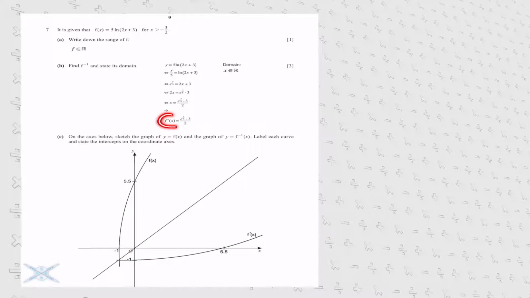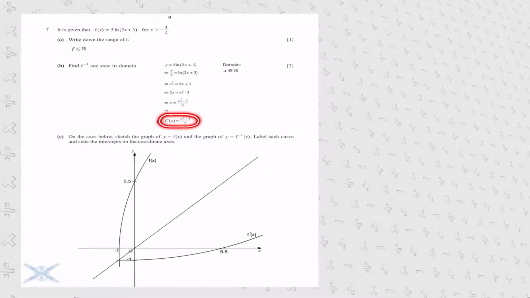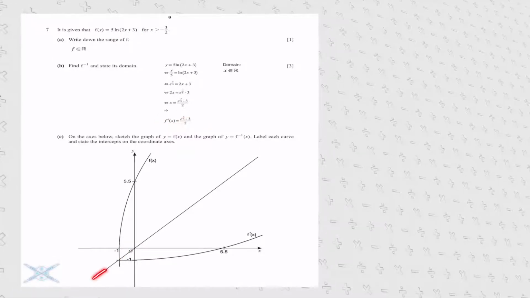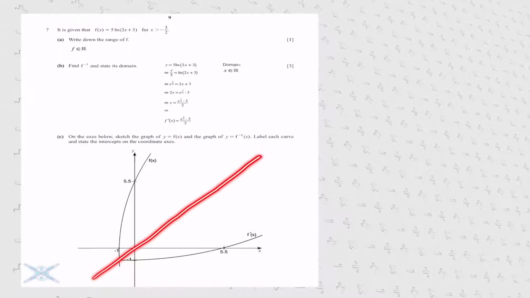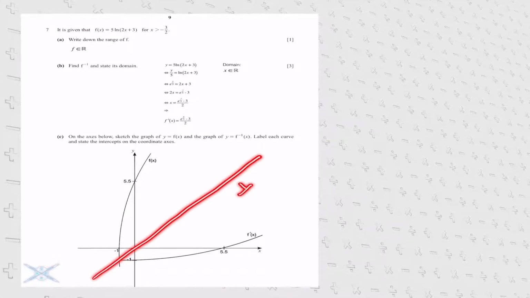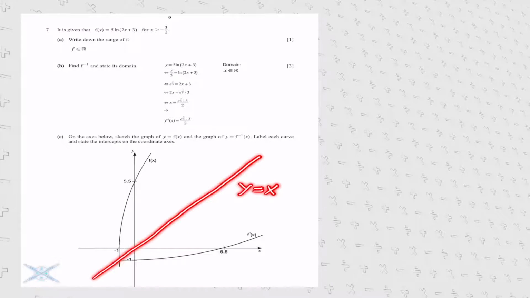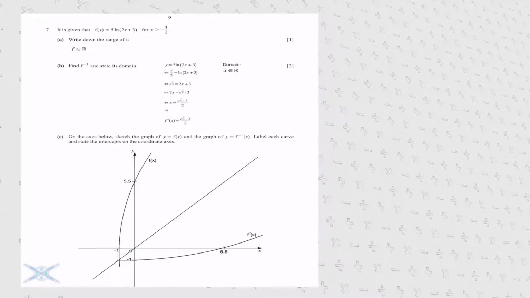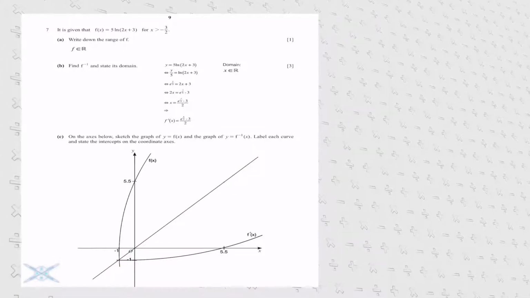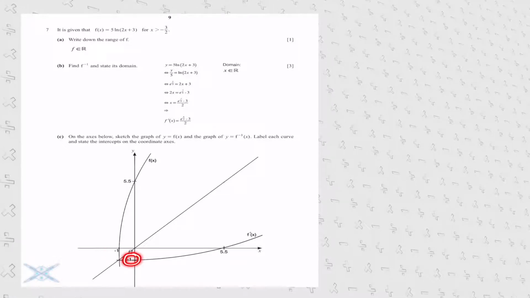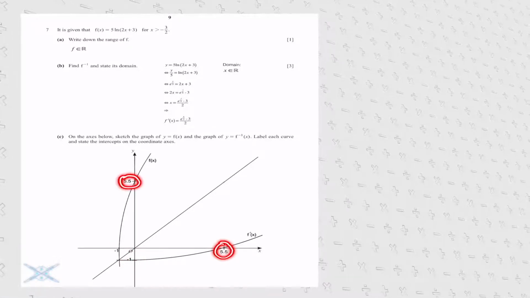Since the property of any inverse function is that it mirrors its original function across the line of the first meridian, which is this line here, it can also be represented by the function y equals x. So from there, we know that the inverse function intercepts the y-axis at -1 and the x-axis at 5.5.